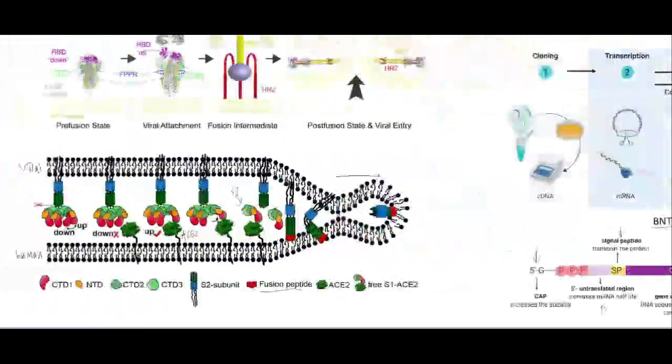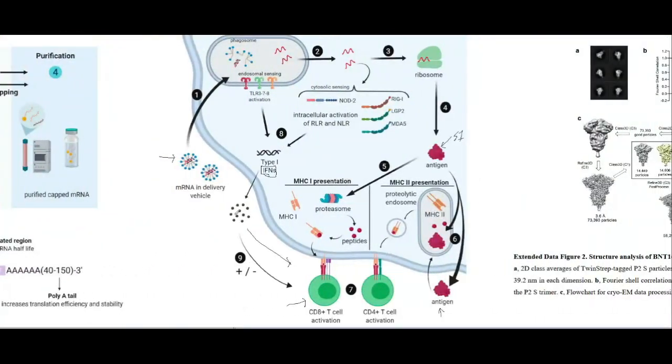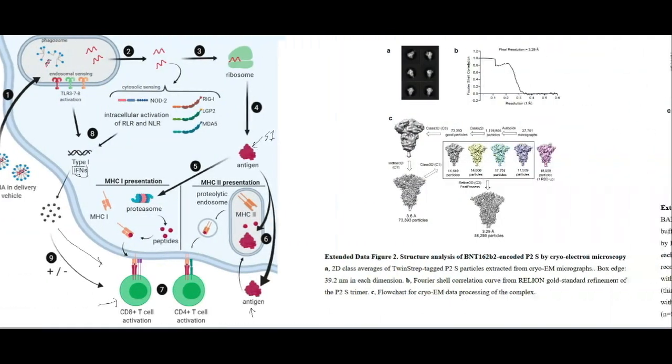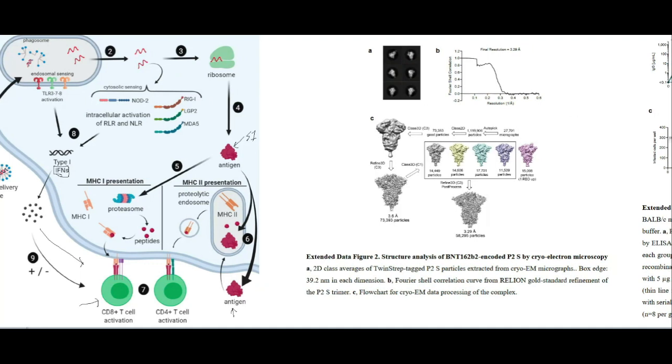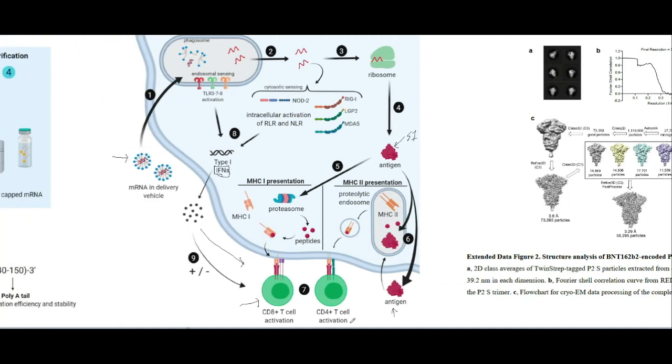Just to quickly review, we are trying to generate this spike protein, the S1 spike protein here, which can then be presented as an antigen. And they are doing that by delivering this mRNA for the S1 into the human body, so that the white blood cells can process this and signal to start releasing these interferons. It is translated into this antigen, which is then presented on the cell surface.